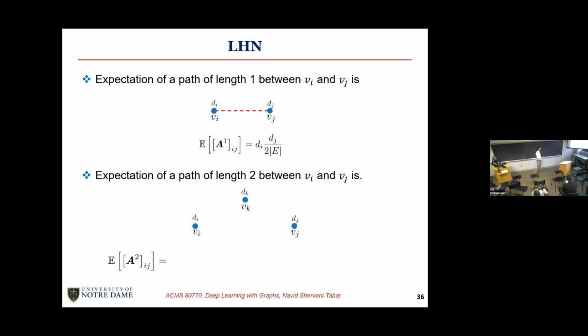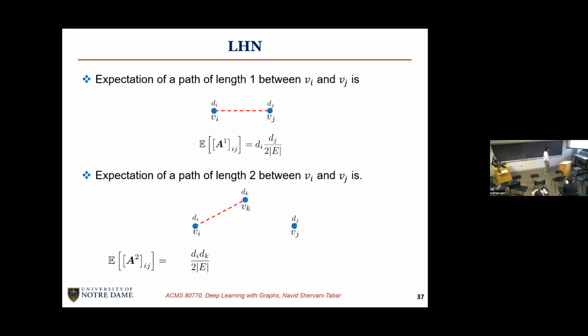So what's the expected number of edges from Vi to Vk? It's 2 nodes, so I can use the same relationship that we drew up there in the slide: Di, the degree of node Vi, times the degree of node Vk divided by 2E, the total number of edges.